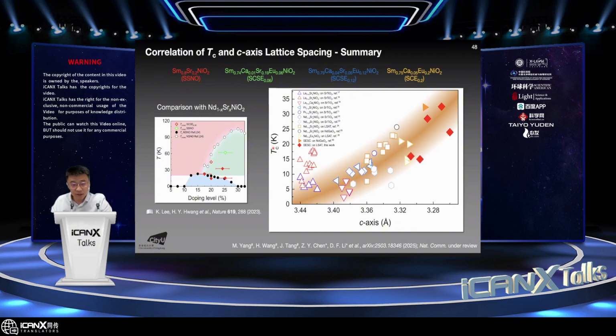It seems that Tc correlates very well with the c lattice constant, which again is in line with the strategy that I mentioned at the beginning of this scientific part. So this is a clear sign for us if we want to further boost Tc in this material system.